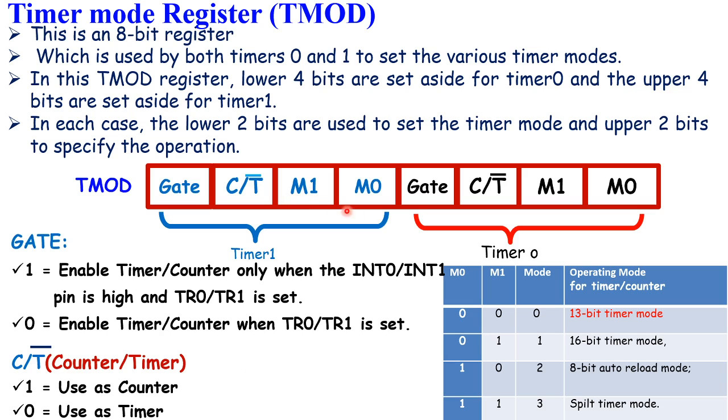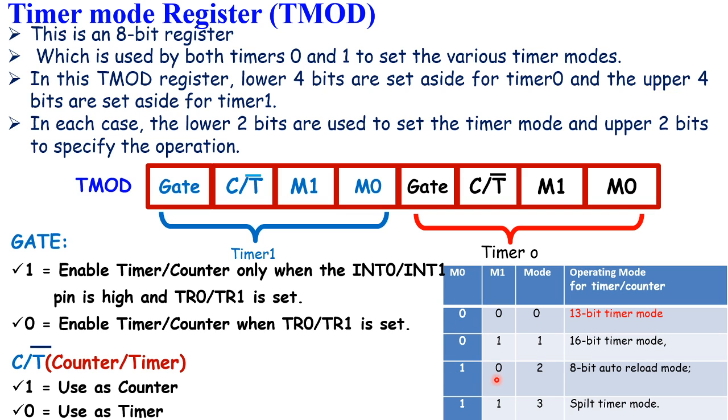The remaining are the M0 and M1 bits, which are used for selection of mode. As we know, the TMOD register gives 4 different modes, and those modes are like this. When M1 and M0 are both 0, mode 0 occurs, that is the 13-bit timer mode. When M1 is 0 and M0 is 1, mode 1 occurs, that is the 16-bit timer mode.